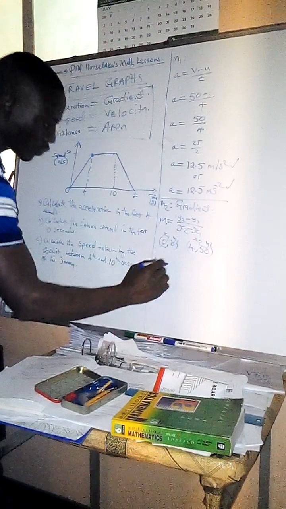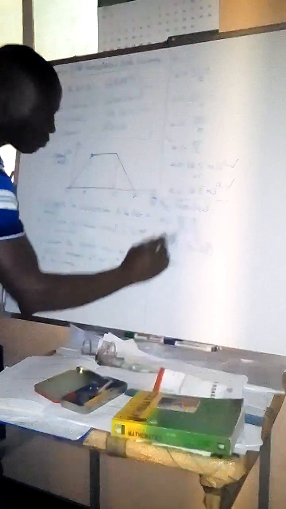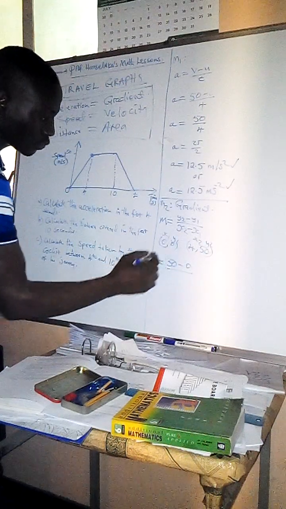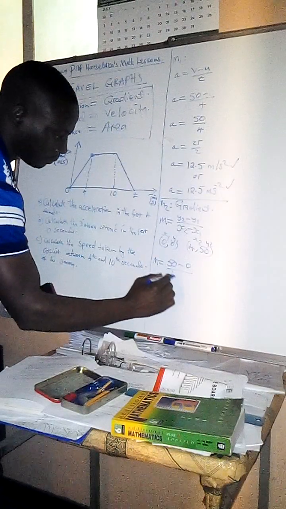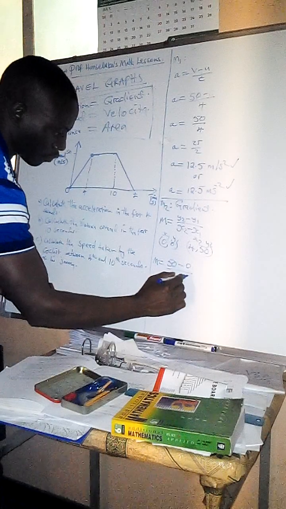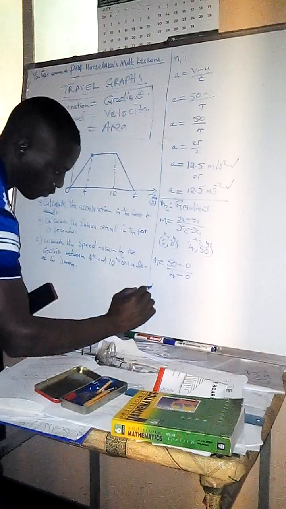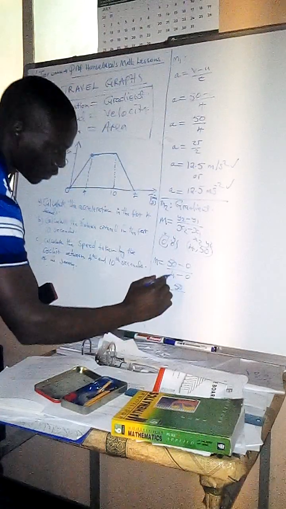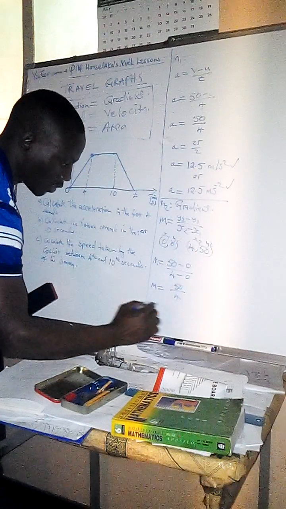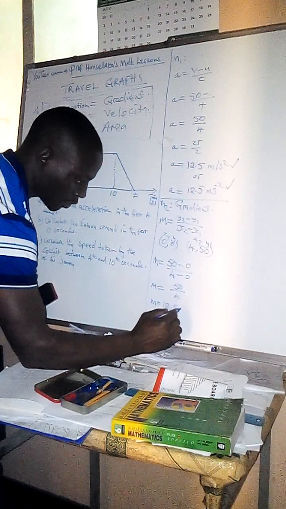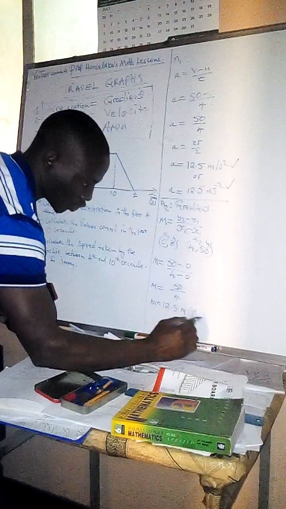So y2, that's going to be 50, minus y1, that's going to be 0, and of course x2, that's going to be 4, and x1, that's going to be 0. If you simplify this further, you see that 50 minus 0 is 50. 4 minus 0 is 4. If you simplify this, we're going to have 12.5 meters per second squared.